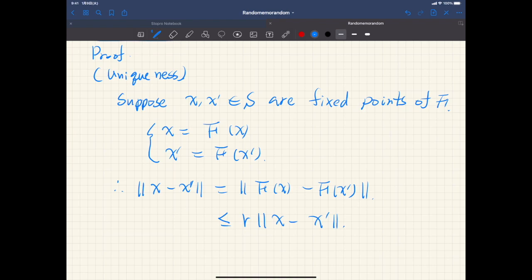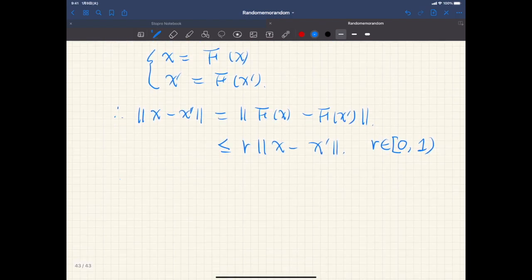So if we move this to the left-hand side, we have 1 minus r times the norm of x minus x prime less than or equal to 0. However, this r is between 0 and 1, so this is positive and this is positive, so it is actually greater than or equal to 0.